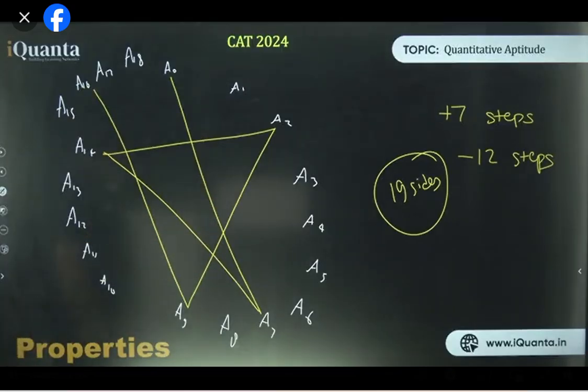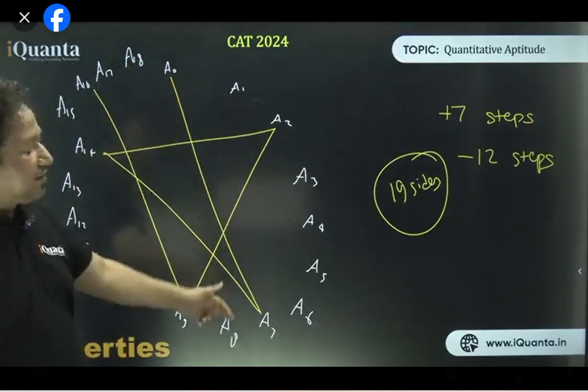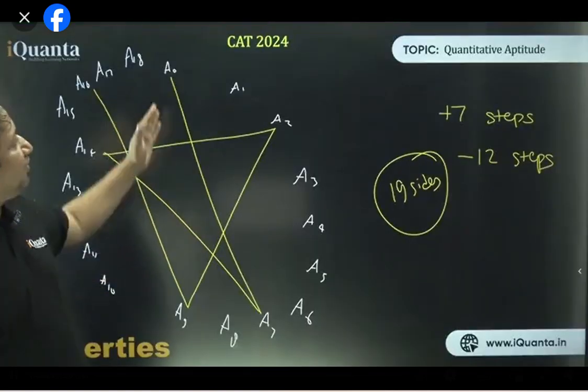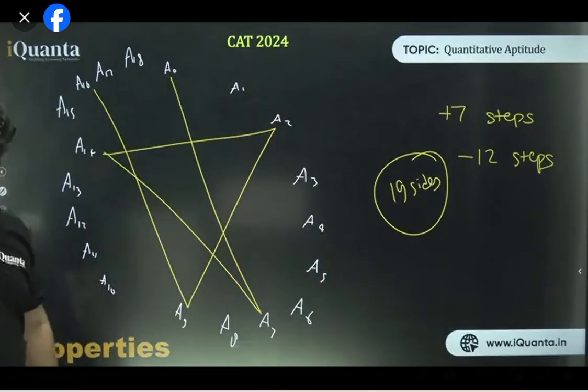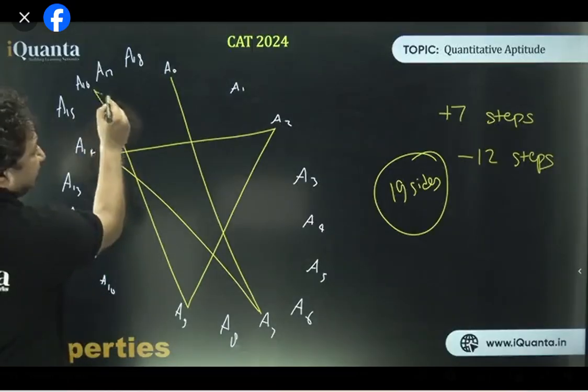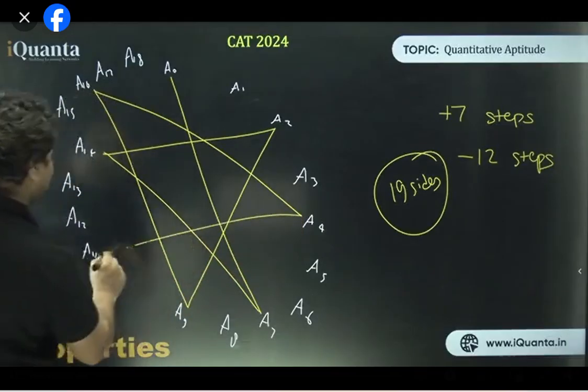I just told you that. The 19 sides, if I moved 7 steps ahead, to go back to where I started from, I need to go 12 steps back. That is the only way I can reach there. Okay, so A16 minus 12 is A4. Now I can move 7 steps ahead, that is A11.